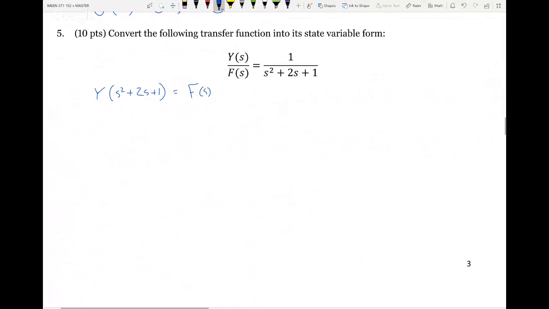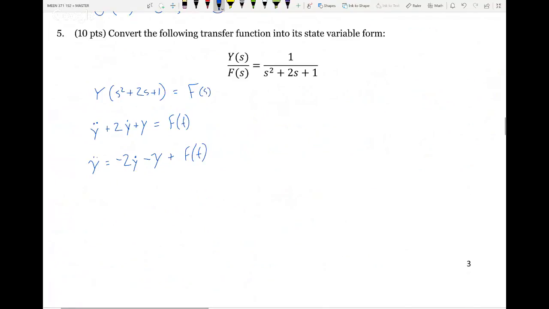That makes this y double dot plus 2y dot plus y equals some f of t. I'm going to solve for the highest order, that's y double dot. Y double dot is equal to minus 2y dot minus y plus this f of t.